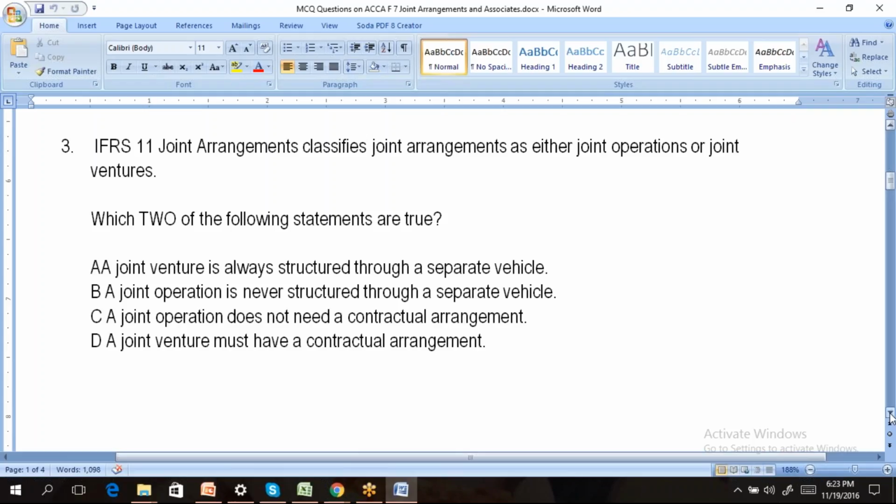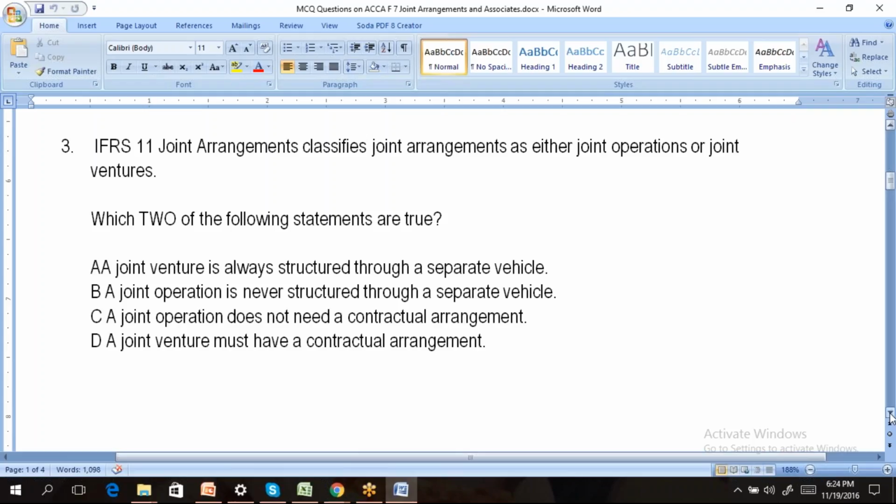Is it A and D? A and D, very good. A joint venture is always structured through a separate vehicle. But you remember I showed you that oval thing: even a joint operation can be structured through a separate vehicle, but it can also be without one. A joint venture always has to be a structured vehicle, compulsory. So saying a joint operation is never structured is wrong.